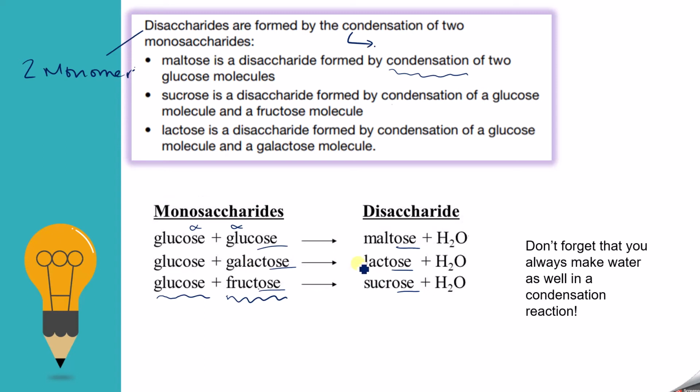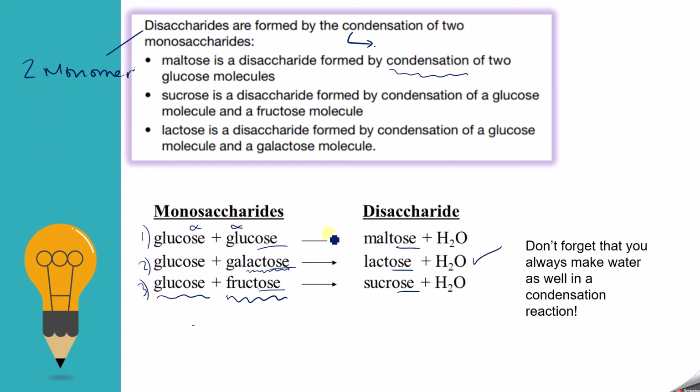Now the best way to remember this, well, firstly this one, so let's label this 2, 3. Equation number 2 is quite easy to memorize, because you've got galactose, which is a monosaccharide, and within galactose you have the word lactose, and lactose is a disaccharide. So this one is relatively easy to memorize.